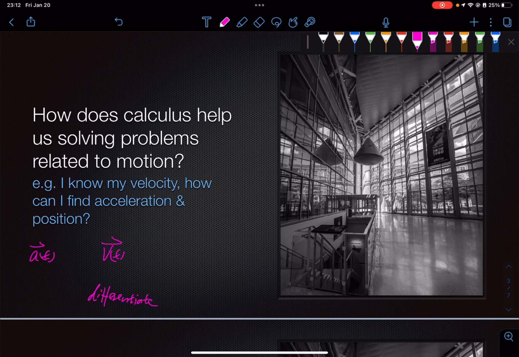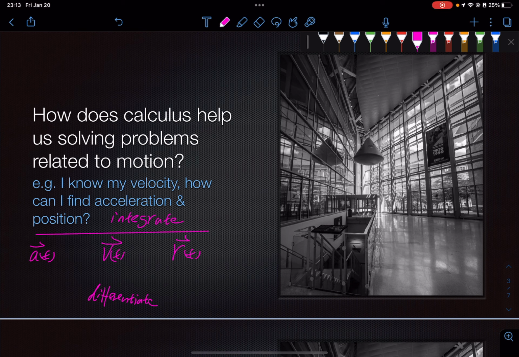If I want to get to my position from my velocity expression, I'm going to integrate. So integrating goes in this direction.